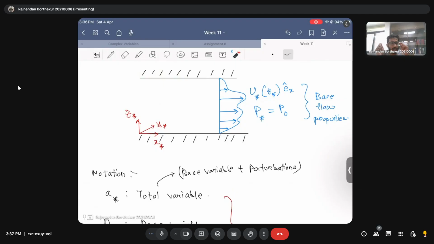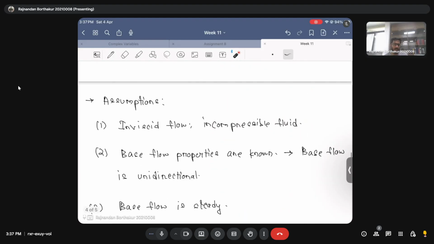But since here the del square V term is 0 owing to the fact that the viscosity of the fluid is 0, the pressure gradient in an inviscid fluid which is steady and flowing in a particular direction is 0, which means that pressure will be constant throughout. But remember, had this been a viscous fluid, you cannot say that your base pressure is going to be equal to constant. So this is the consequence of the flow being inviscid in nature.